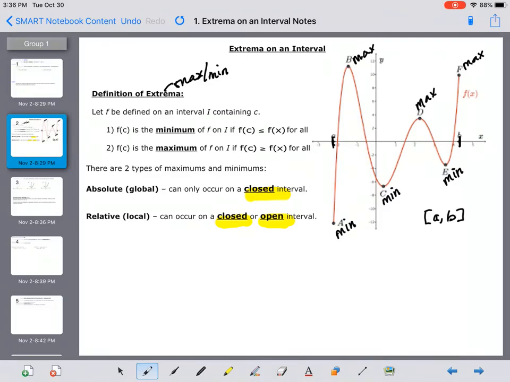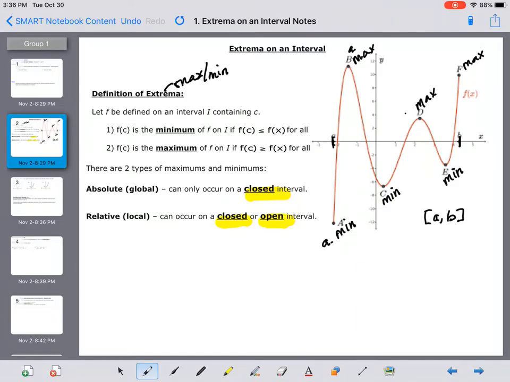Because it is closed, we can have what we call the absolute max and min. We only have one absolute max and one absolute min. So we look on our graph to see which is the highest point, and on this graph, that would be B. So that's going to be our absolute max, A for absolute. If we look at our lowest point, that looks to be A on our graph. So that represents the absolute min.